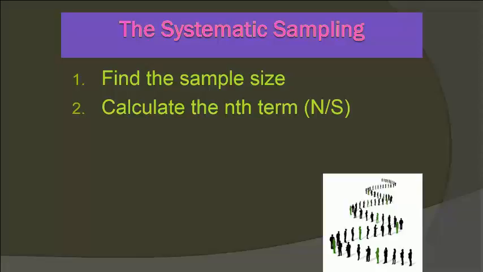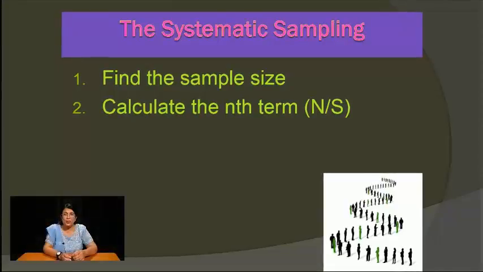So if the population size is 1,000 and we saw from the sample size table a particular sample size, you divide that 1,000 by that sample size and you come to the nth term.